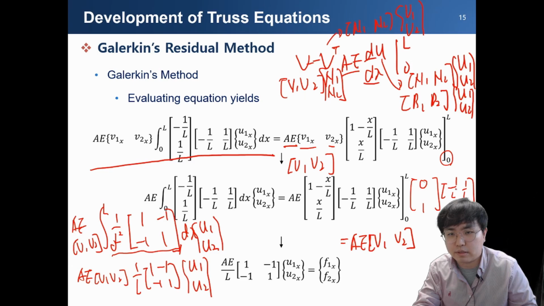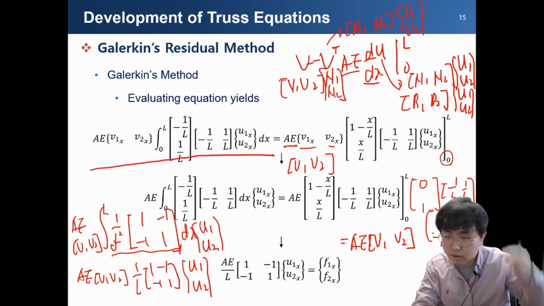How can I say that? 0, 1 over L, 1 over L. Am I right?